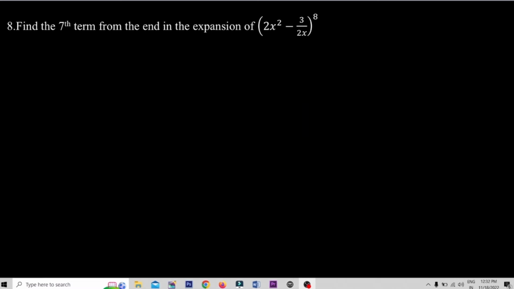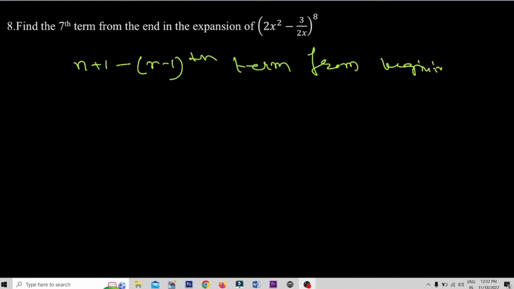So in this case, let us apply that formula: the rth term from the end in (a plus x) whole to the power n is the (n plus 1 minus r)th term from the beginning. Therefore, we can say here n equals 8 and r is 7. So finally we are getting the third term from the beginning.